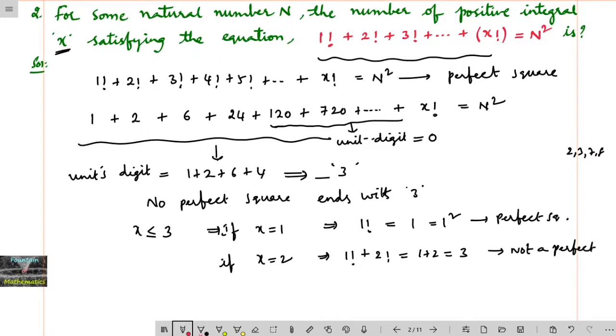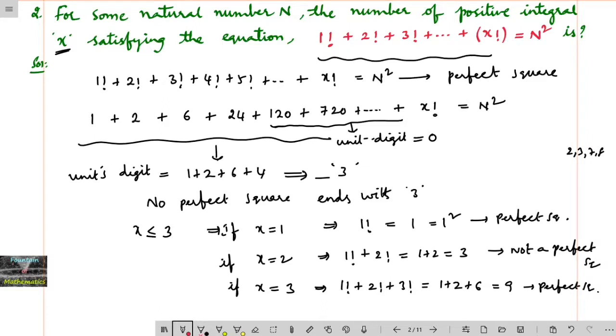This is not a perfect square, right? And in the last case, if x is equal to 3, then 1 factorial plus 2 factorial plus 3 factorial is equal to 1 plus 2 plus 6, which is 9. 9 is a perfect square number.